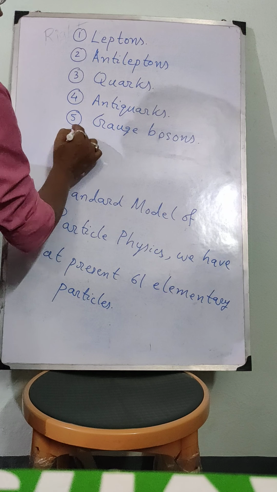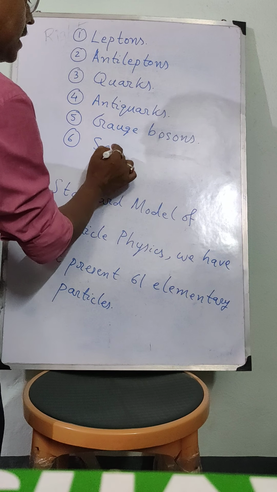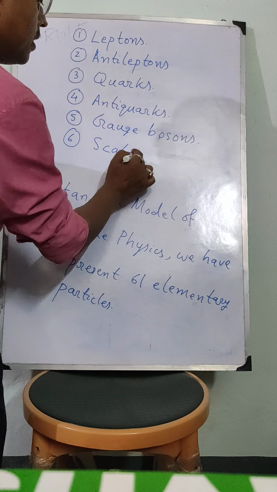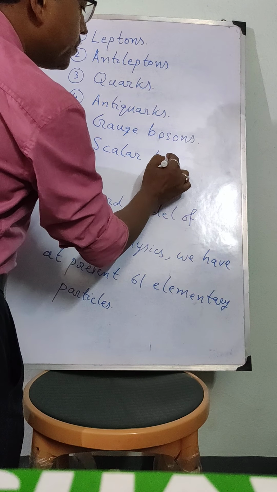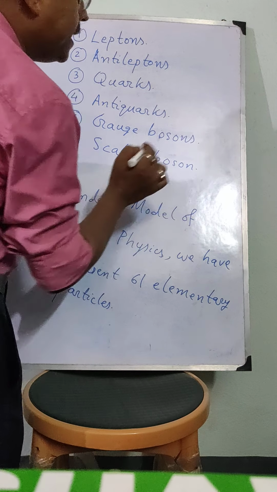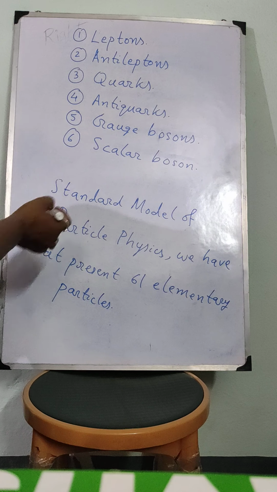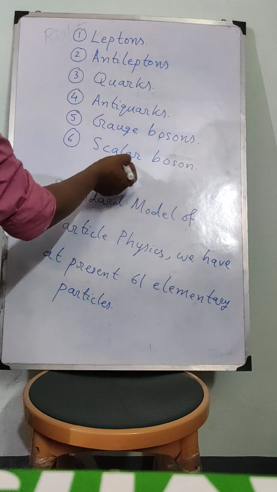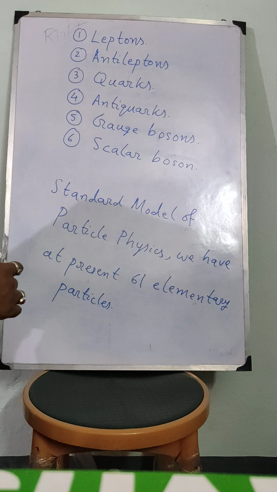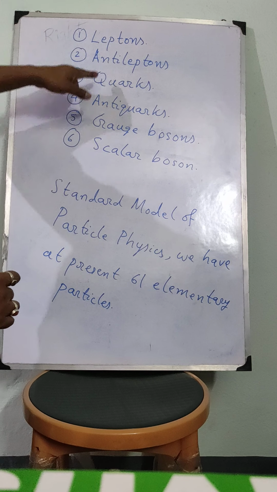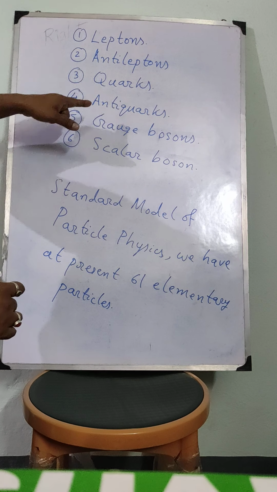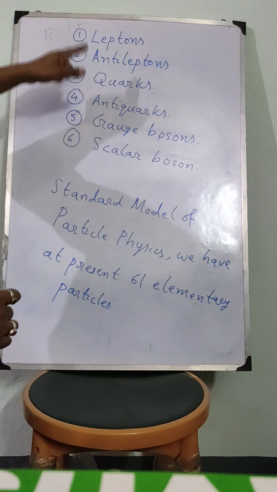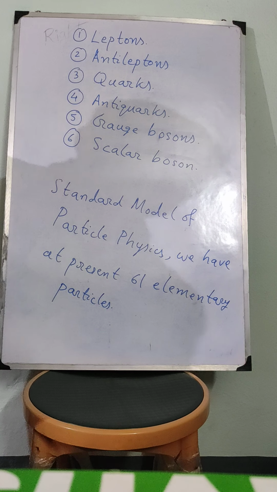And last is the recently discovered scalar boson, that is the Higgs particle. Higgs particle belongs to this scalar boson. Okay, so we will start with these leptons, then antileptons, and we will discuss what are the elementary particles.